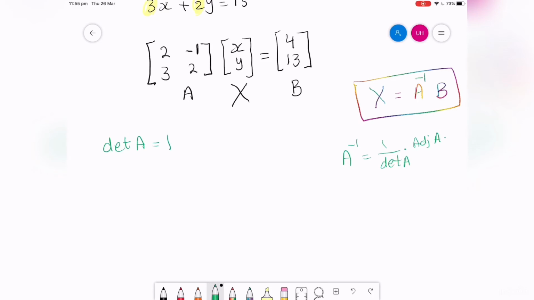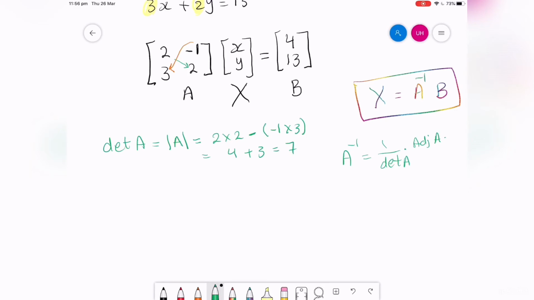So the determinant of A, which we can write this way as well, but it could be negative, that's fine, is going to be 2 times 2 minus -1 times 3, which is 4 minus -3, which is 4 plus 3, and this is going to be 7.